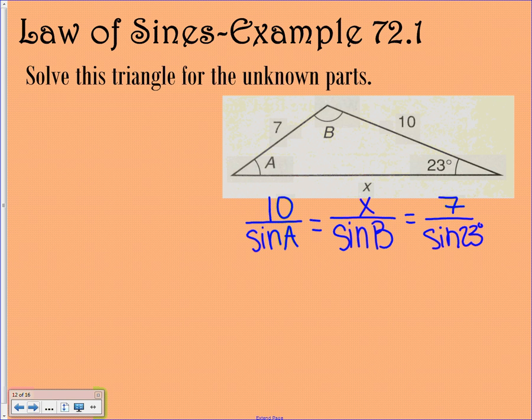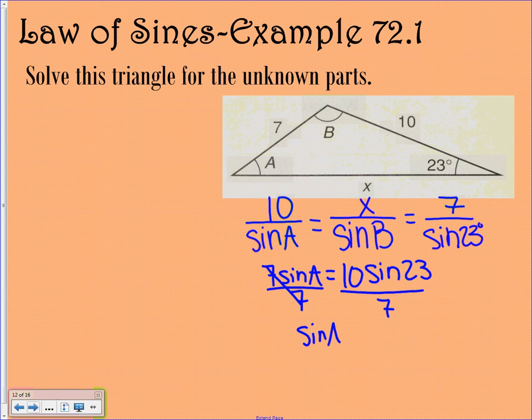And so we're going to start by solving for A, because we can use the first and the last ratios that we have. So we'll have 7 sine of A equals 10 sine of 23. And then I can divide by 7. And that'll give me sine of A equals 10 sine of 23 over 7.